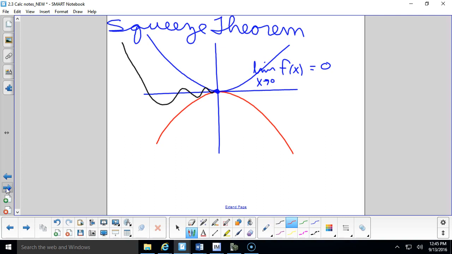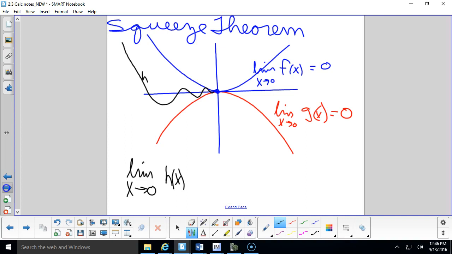Look at the graph, the blue curve. As I get closer and closer to 0, the function's value gets closer to 0. And look at the red function. The limit as x approaches 0 of this function, let's call it g of x, also equals 0. So then look at the black function. What's the limit as x approaches 0 of, call it h of x?